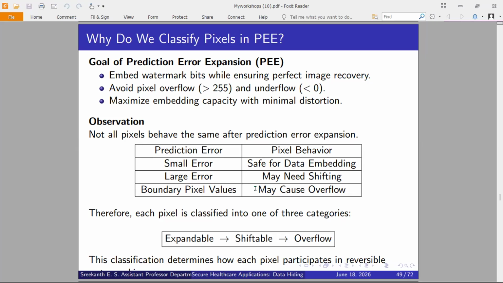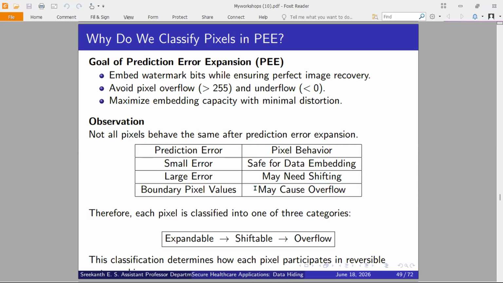In the case of reversible data hiding, the main requirement is how to increase the embedding capacity. But in reversible watermarking, which we will come to in the next section, the issue is how we deal with watermarking attacks. So we will see it soon.